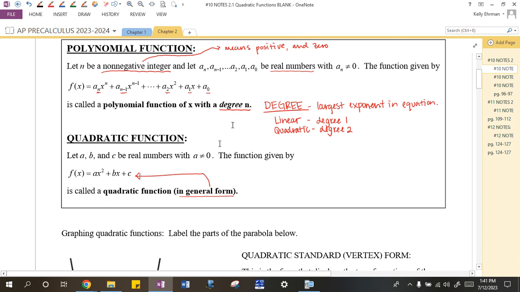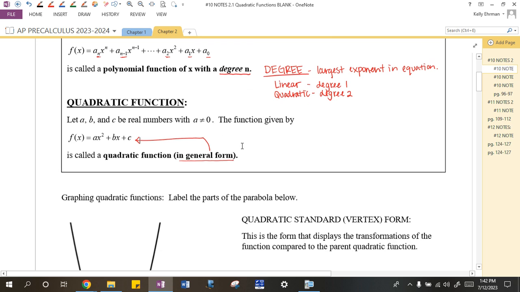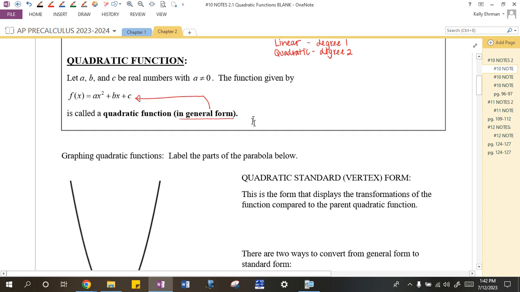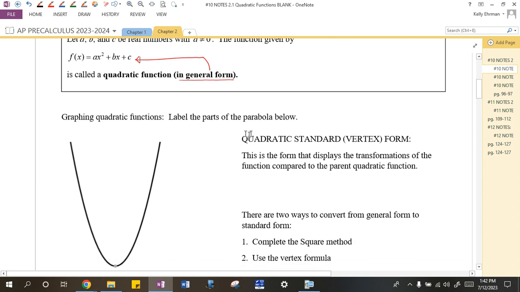So before we get into all the different things we can do with quadratics, I just want to be sure that we can label the parts and that we get some vocab down. So we should know that quadratic functions have graphs that look like parabolas. The parabola could be opening up or down. It depends on the a value. If a is greater than 0, then the parabola opens up.